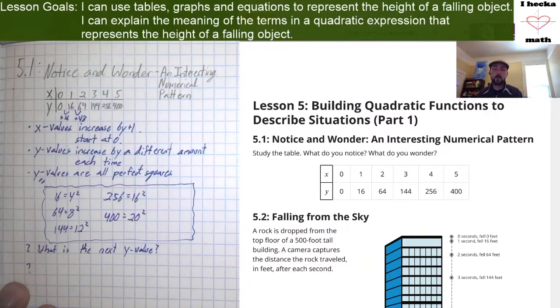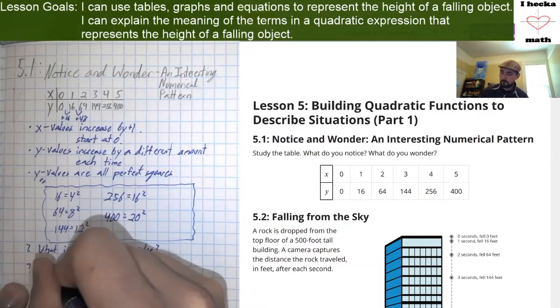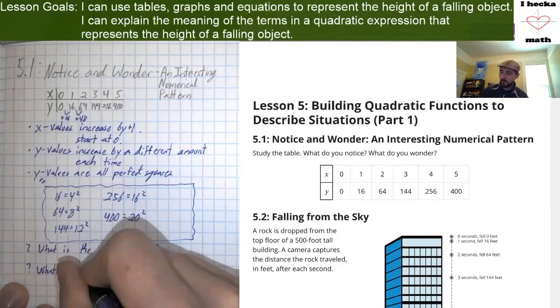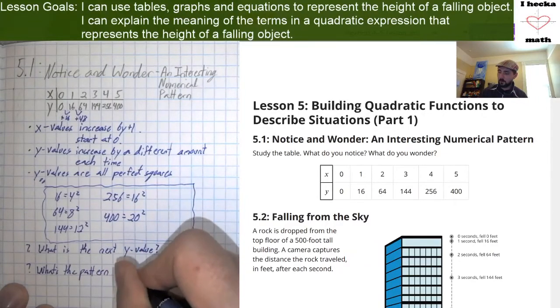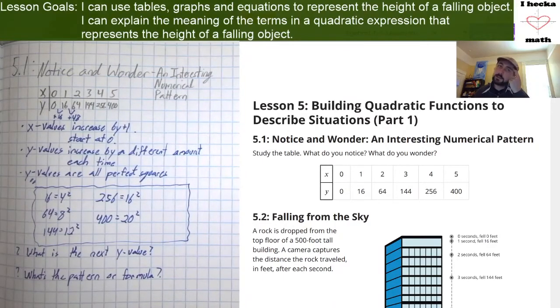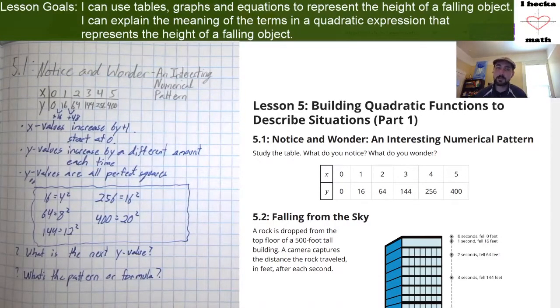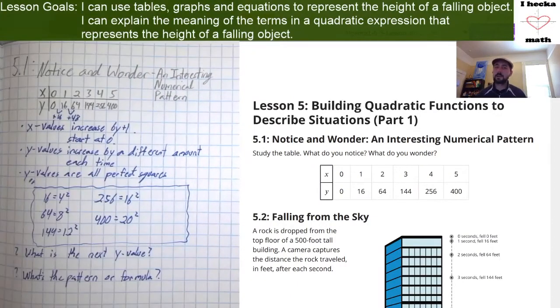Maybe what's the pattern or what's the formula? And if you're listening, you know what kind of person I am, because I'm not asking, is there a pattern or is there a formula? I assume there is one. I just want to know what it is. I don't think this is a table of random numbers. I think there's a pattern, but I don't know the formula yet.